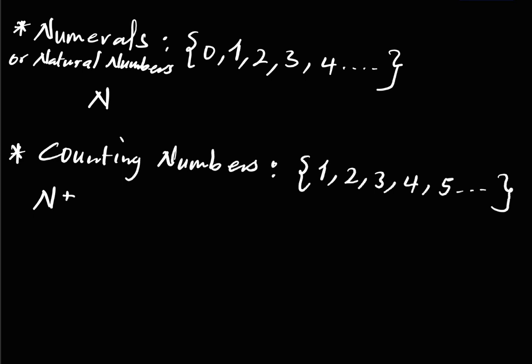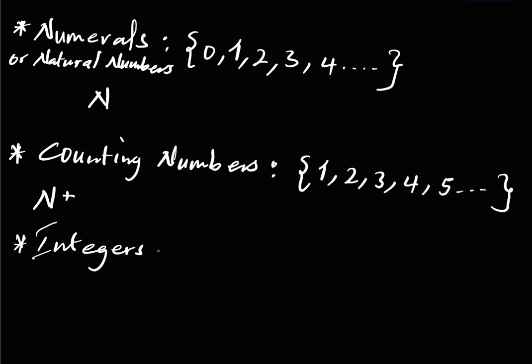Now another type of number that we have is called integers. Integers are whole numbers, but the difference is that with counting numbers we have numbers starting from 1 and going above, while numerals and naturals have numbers from 0, 1, 2, 3 and continue. Integers are also whole numbers, but they can be negative numbers or positive numbers.